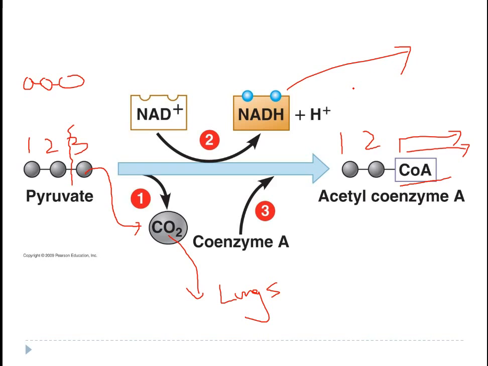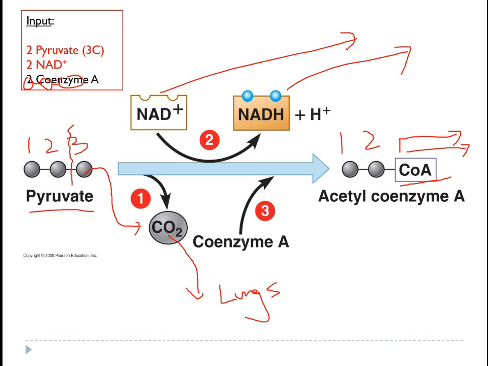So really the only thing that we've done here is 1, we've arranged pyruvate to become a 2 carbon sugar and attached it to an enzyme so it can go in the mitochondria. We were able to release one of the CO2s into the bloodstream and eventually it'll go to the lungs. And we've taken one of those empty wheelbarrows, NAD, and chucked 2 electrons and some hydrogens in it, and it's on its way to a step that we'll talk about soon.